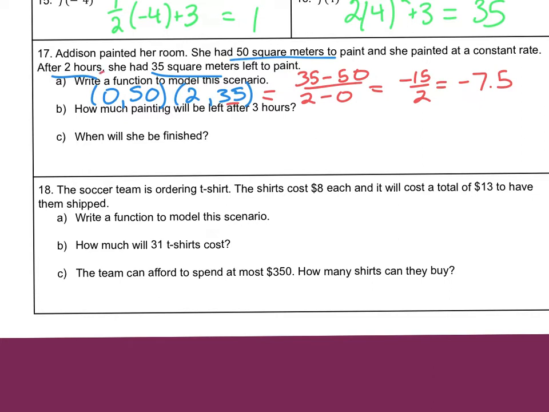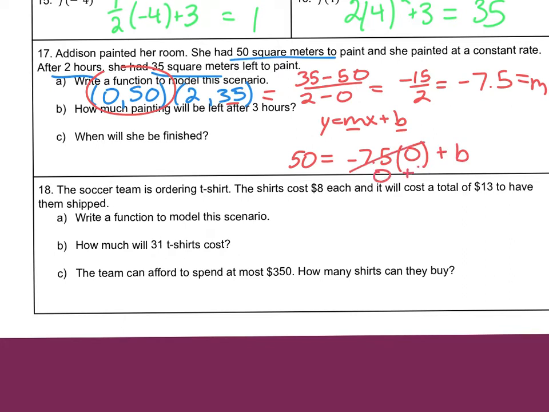Now I can plug in either one of these points. I'm going to pick the first one just because it has a 0 in it, and I think that's easier. Plug it into y equals mx plus b so that we can find b, because we have m. M is negative 7.5. So y is 50, m is negative 7.5 times 0 plus b, because I don't know what b is. This just becomes 0. 0 plus b equals 50, so b equals 50.